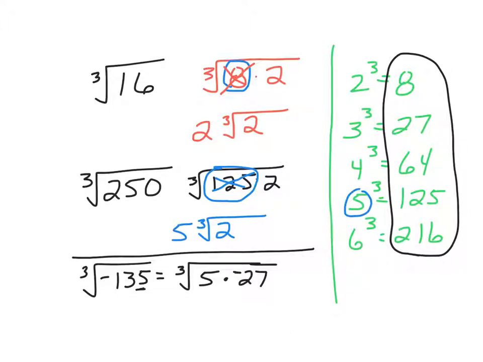Now I need the cube root of negative 27. The cube root of negative 27 is negative 3, because negative 3 times negative 3 times negative 3 gives me a negative 27. I can bring out that negative 3, and I'm going to be left with the cube root of 5. So the final answer is negative 3 times the cube root of 5.